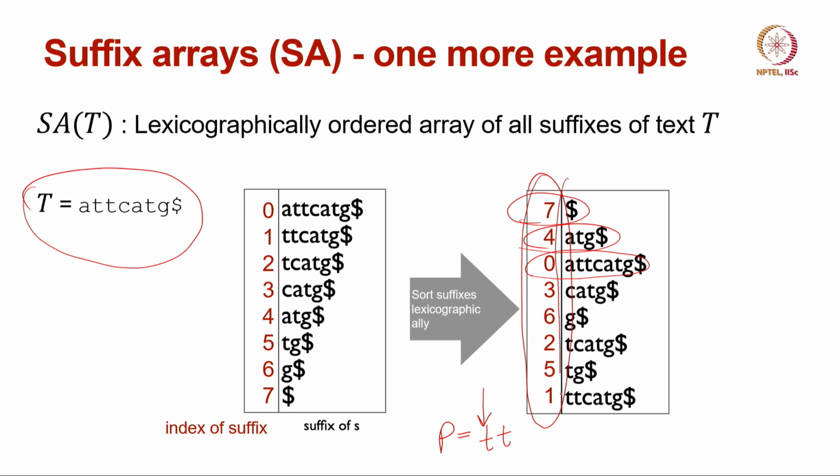I can access the first column of the suffixes in the lexicographical order, and because these suffixes are sorted, I can do a binary search and find out which suffixes start from character T. Through a binary search I can immediately get that the last 3 suffixes start from character T. Now, for the next character I am going to run a second iteration of binary search within this particular range, and through a binary search again I will know that the pattern T T occurs at the last row.